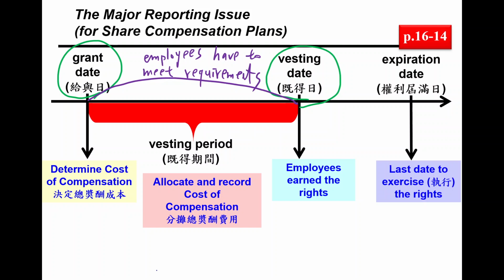Okay, so the vesting date is the date they really earn the right. So what's the third? Expire date, last date. Your employees have to decide whether they want to exercise the right or give up the right. Okay, so this is the third date, expire date.